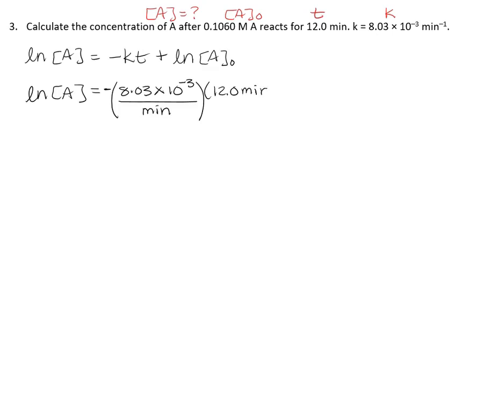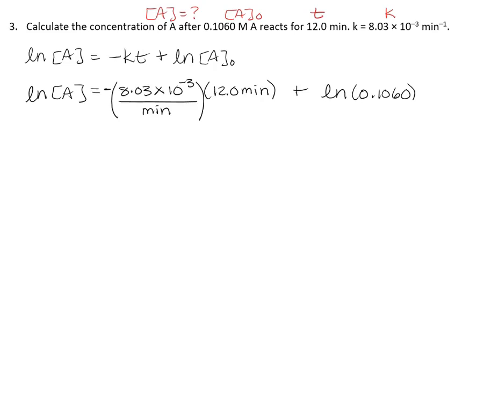The units of time work out, so there's no other conversion we have to do there, plus ln of A naught, which is 0.1060. We don't need to include the molarity units, because you can't take the natural log of a unit.